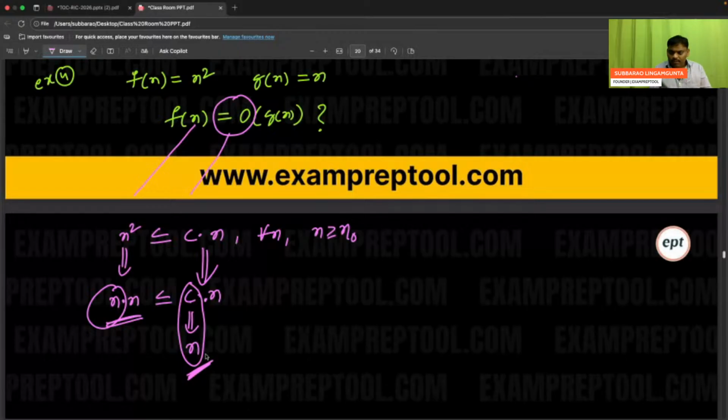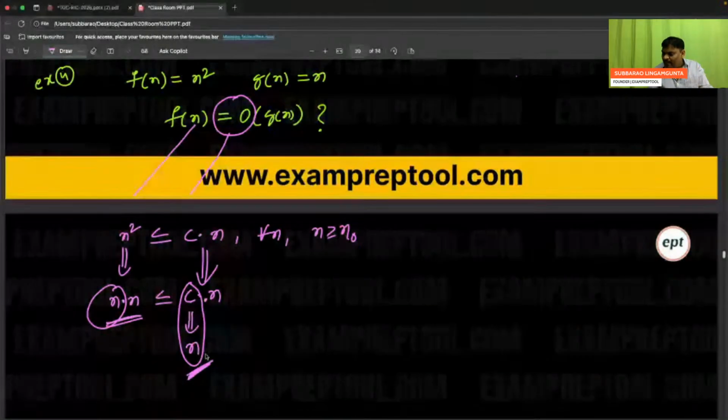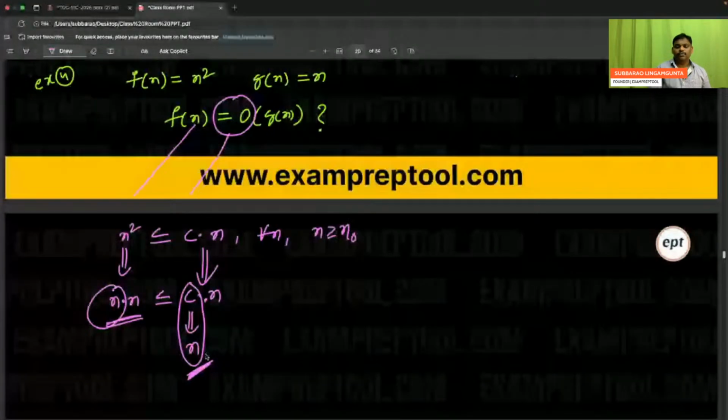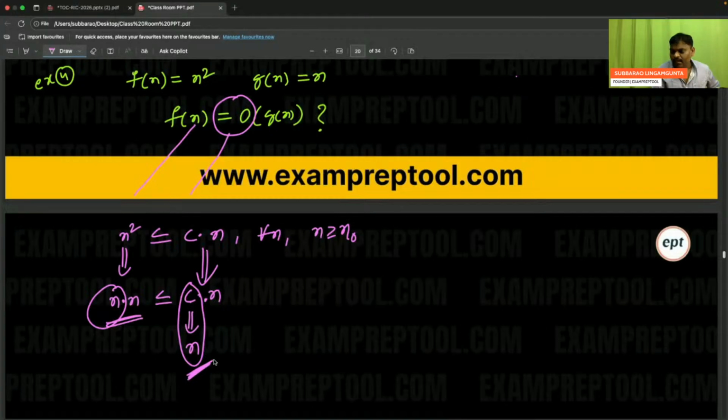So remember, the left side is n into n, the right side is c into n. For c, I should take n or more than n. But if I take n or more than n, you are taking a function. No. What asymptotic notation is saying is, by taking constant help, prove that the right is bigger. Unfortunately, there is no c which can exist here where the right is bigger than the left. You have to take only constant help. That is the reason.